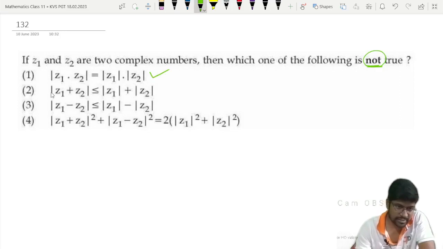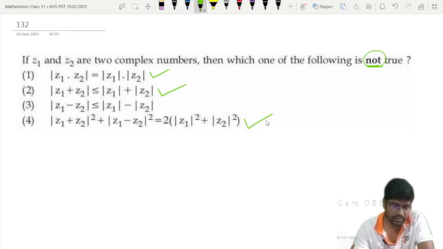Now next option, modulus of Z1 plus Z2 is less than or equal to mod Z1 plus mod Z2. This relation is also correct, we know. And come to the fourth option, modulus of Z1 plus Z2 whole square plus modulus of Z1 minus Z2 whole square is equal to 2 into mod Z1 square plus mod Z2 square. This relation is also correct for complex numbers Z1 and Z2.